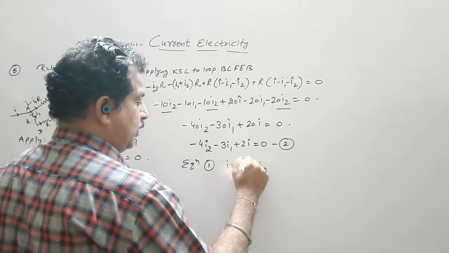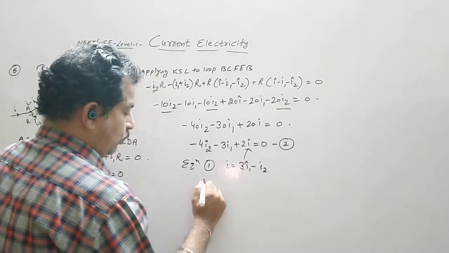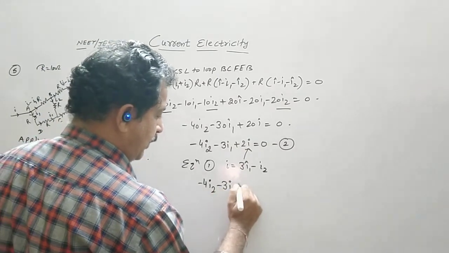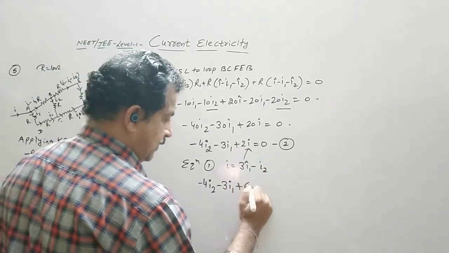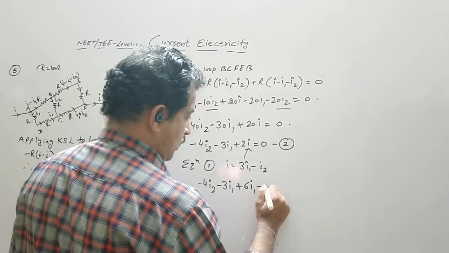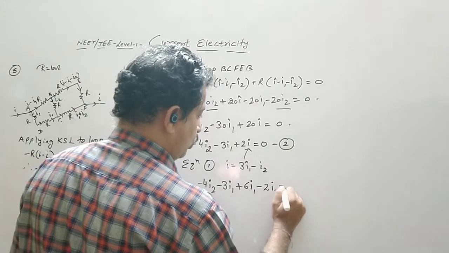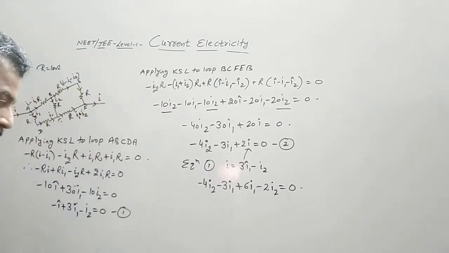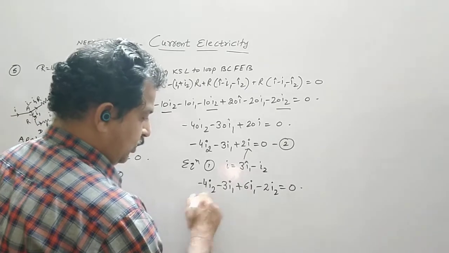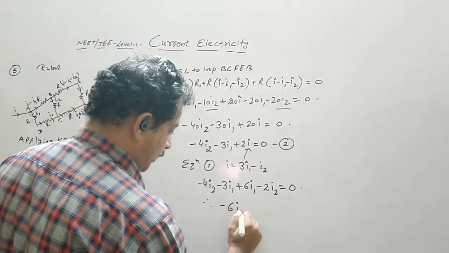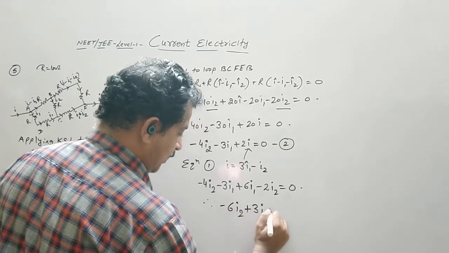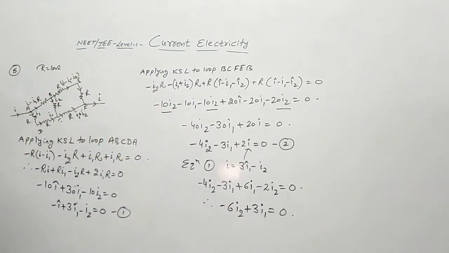And we substitute this I in the second equation. So minus 4I2 minus 3I1 plus 2 times I, that is 6I1 minus 2I2, is equal to 0. Therefore, we have minus 4 minus 2, that is minus 6I2, and minus 3 plus 6, that is plus 3I1, is equal to 0.